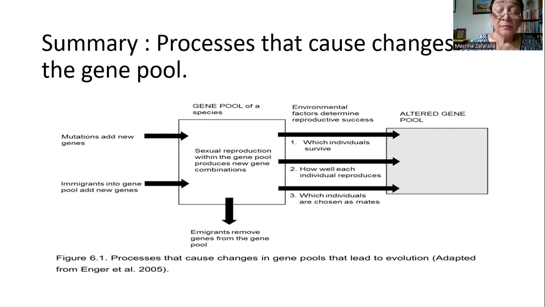The gene pool is exposed to the environment, and the environment comes up with environmental factors that determine reproductive success. Meaning to say that environmental factors determine which individuals survive, how well each individual reproduces, and which individuals are chosen as mates. And so when these things happen, you of course come up with an altered gene pool. So these are the processes that cause changes in gene pools that lead to evolution.